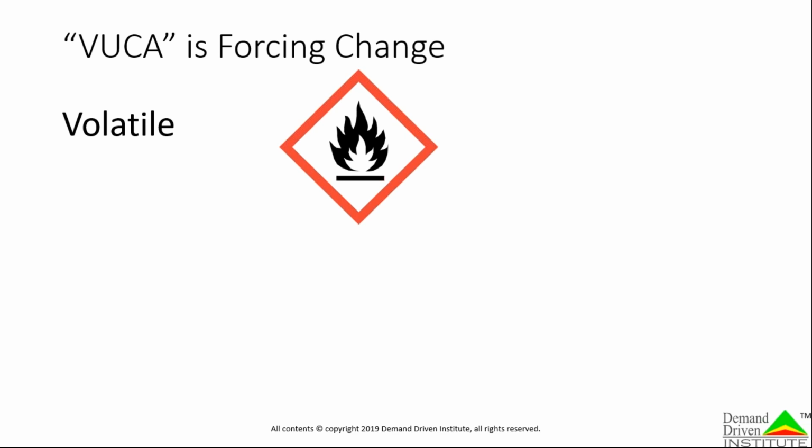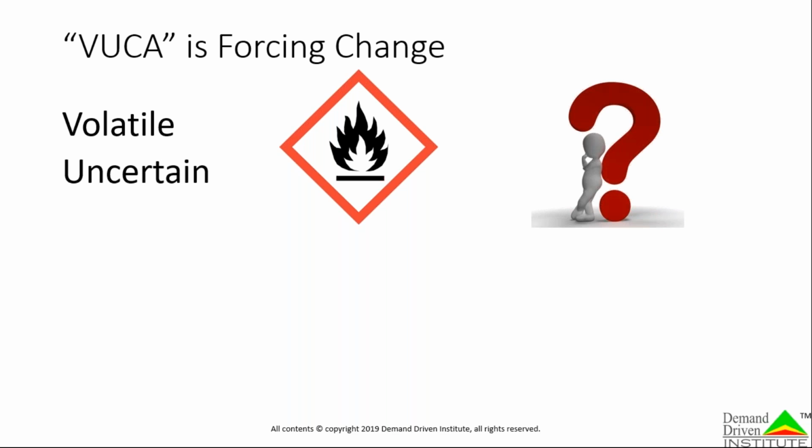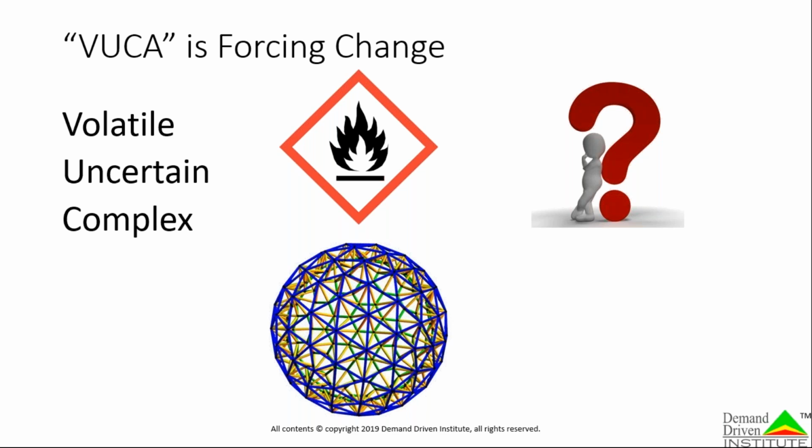VUCA stands for volatile, meaning the amplitude and the frequency of disruptions is increasing. Then it stands for uncertain, meaning that it's difficult to tell what will happen in the future. It's complex, meaning we have many more interconnections in our supply chains, in our entities, many more relationships to manage.